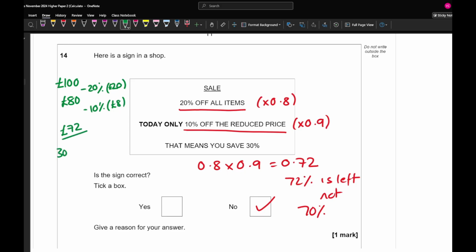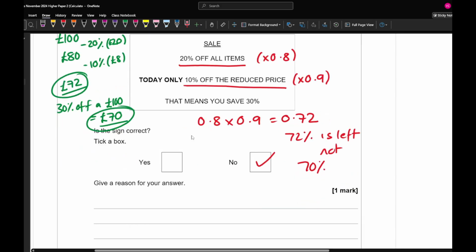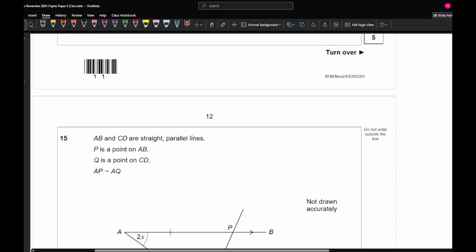Now 30% off 100 is going to give you £70, and as you can see, these two amounts are different, so therefore the answer is going to be no. So there are multiple ways in which you can show that this little offer, or the statement I should say, is incorrect.